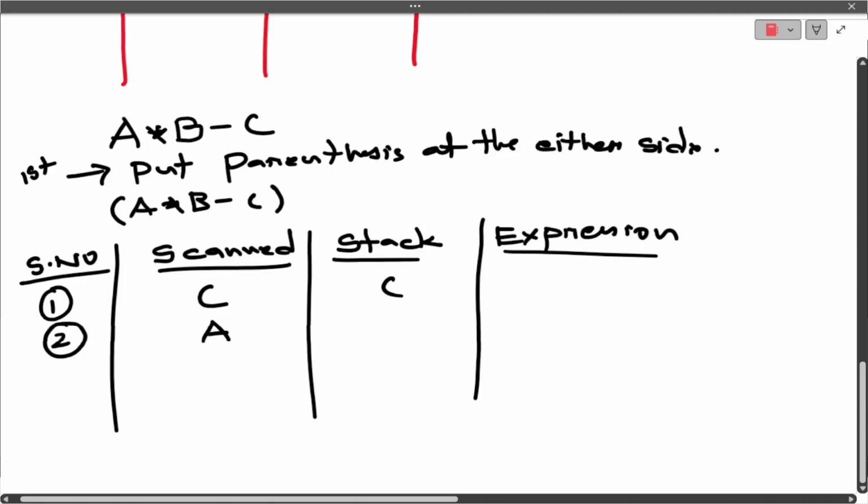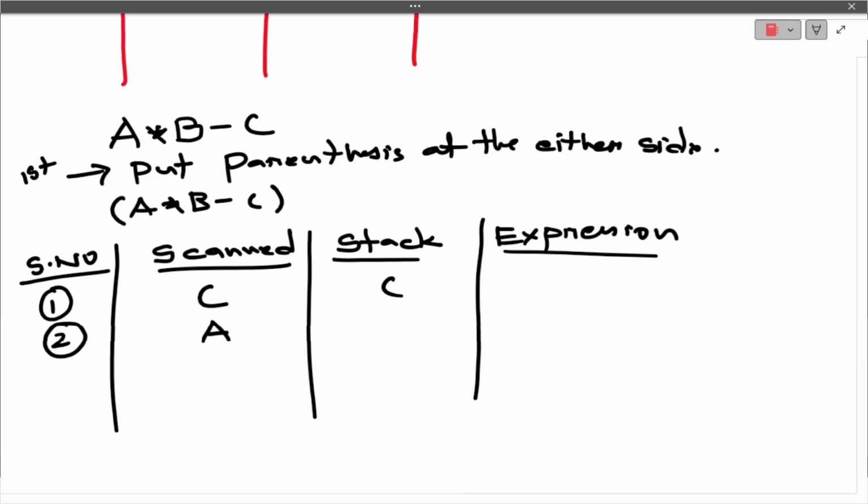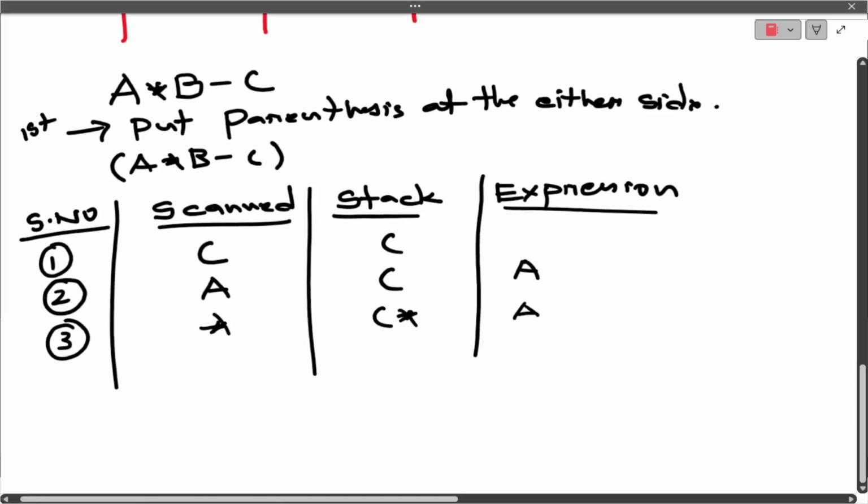We do have A. As I told, stack will only store operators, so it will not be stored here, it will be coming to my expression. Now number 3, that is asterisk. It is scanned, and as this is an operator, I will be storing it here, but that will not be taken to this particular part.